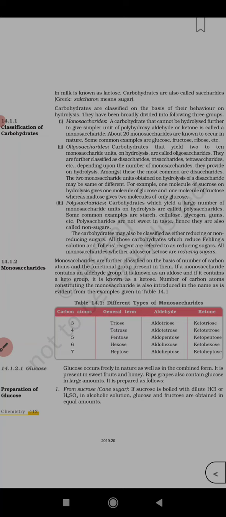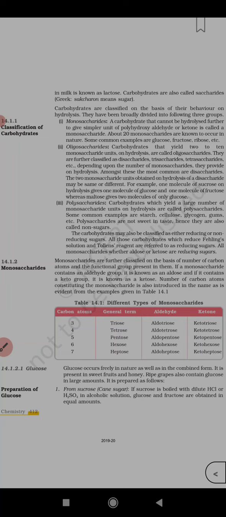to form an oxime and adds a molecule of hydrogen cyanide to give cyanohydrin. What is hydroxylamine? NH2OH is nothing but hydroxylamine.